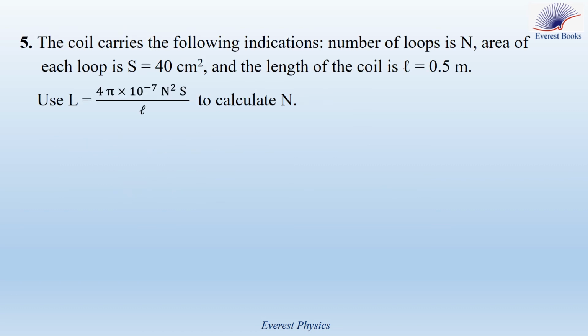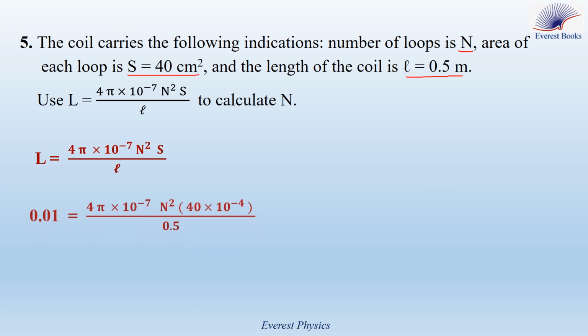Part 5. The coil carries the following indications. Number of loops is capital N, area of each loop is S equal to 40 cm squared, and the length of the coil is small l equals 0.5 meters. Using this expression, L is equal to 4 pi times 10 to the power minus 7 N squared S over l, to calculate the value of N. Using this formula, now replace each physical quantity by its value.